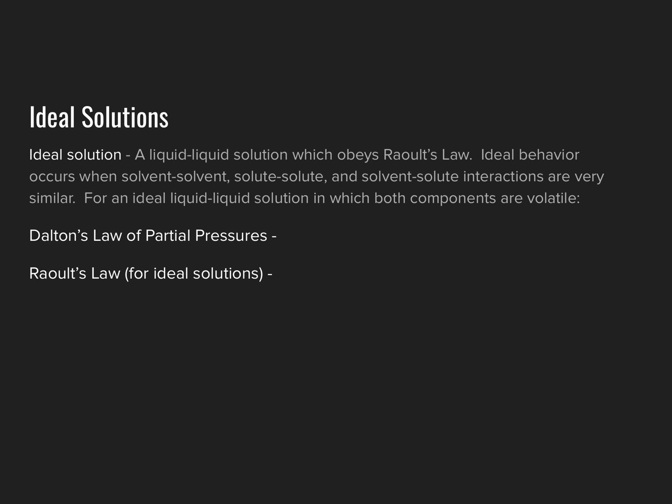All right, so on our previous slide, we introduced the idea of Raoult's law, which told us that the vapor pressure of a solution was going to be dependent upon the mole fraction of the volatile component of that solution multiplied by the vapor pressure of that pure volatile solvent. Now, in particular, a solution which follows Raoult's law is referred to as an ideal solution. An ideal solution is essentially a solution for which the mathematics described on this page hold true.